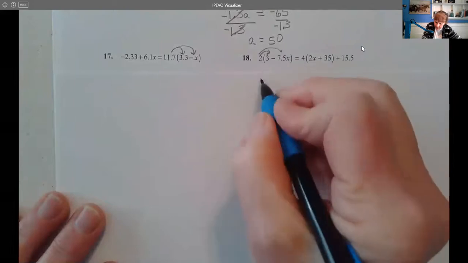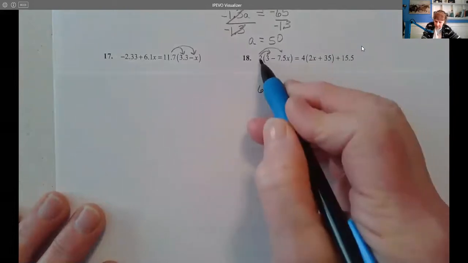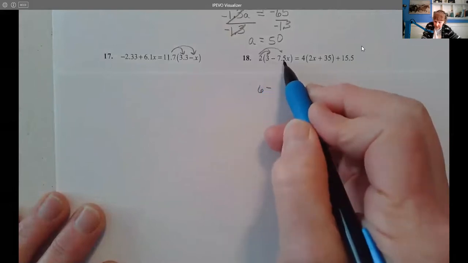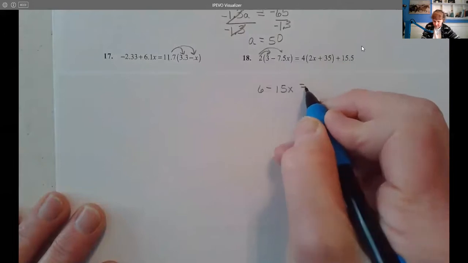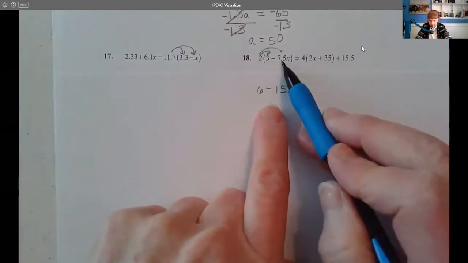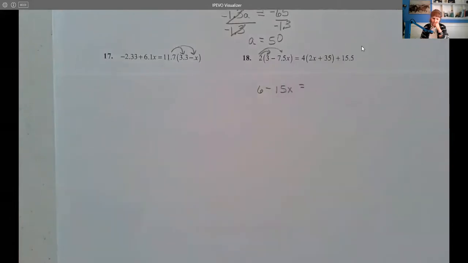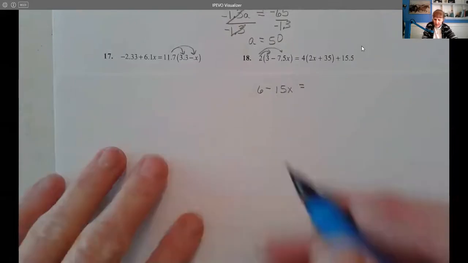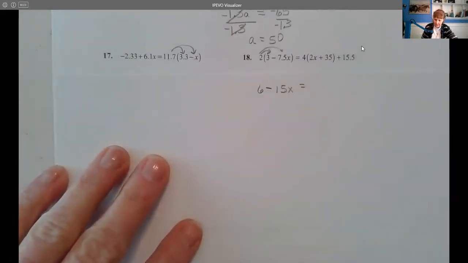That's going to give us 6 minus, because 2 times 3 and 2 times this is 15x. Okay. So 2 times a negative 7.5, it's a negative 15 or a minus 15. Okay, we'll keep that as a subtraction rather than make it plus a negative.